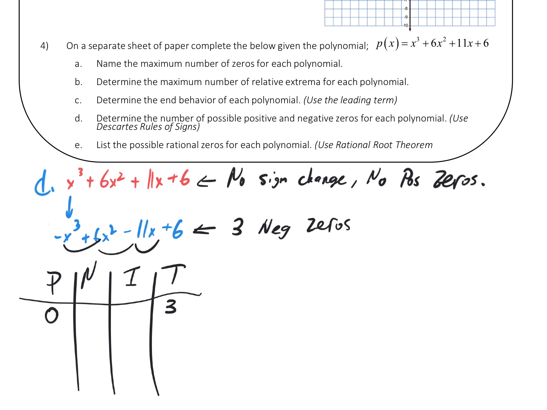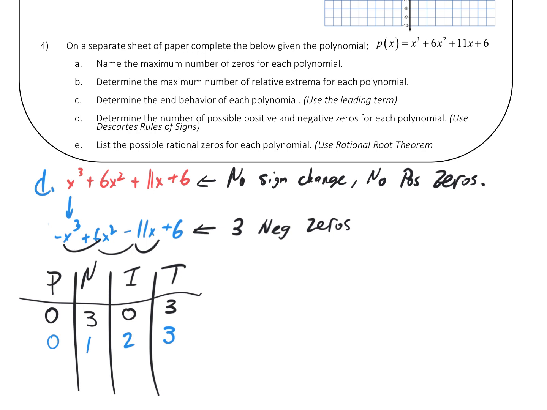Currently, I know I have no positives, 3 negatives, and to get that to add up to 3, I'm going to say there's no imaginary zeros as well. Now, since complex numbers move in pairs, I could take 2 away from here and make 2 imaginary zeros, leave only 1 negative zero, and still get that total of 3, right? So with this combination, we have another combination that would work for the P&I chart.